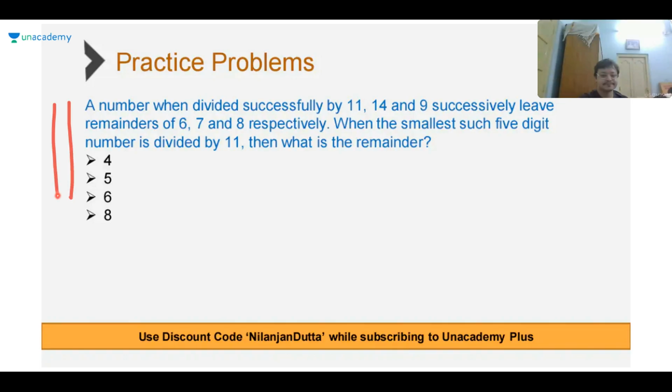Next question. So you're talking about the smallest such 5-digit number. When that is divided by 11, what is the remainder?